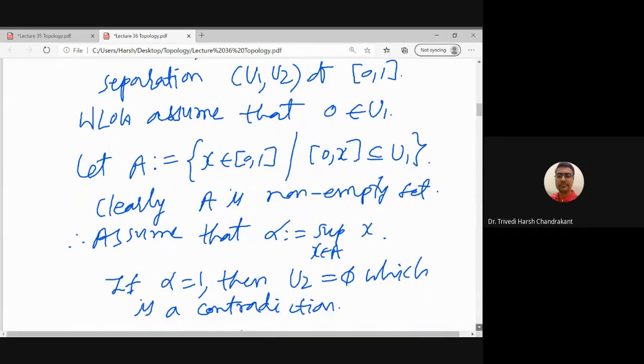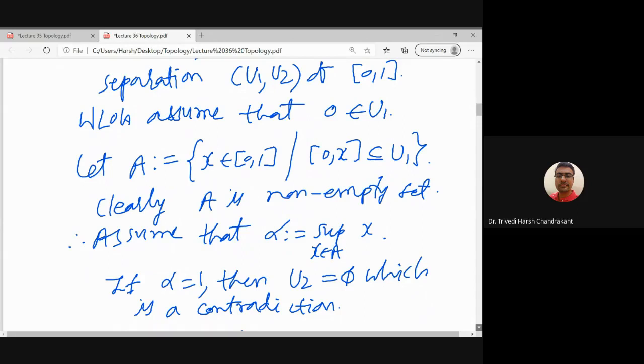So now there are two possibilities, whether alpha is 1 or alpha is less than 1. So suppose alpha is 1. Alpha is 1 means that for all x between 0 and 1, the closed interval 0 to x is a subset of u1. So if that is the case, then that will force u1 to be itself the closed interval 0, 1.